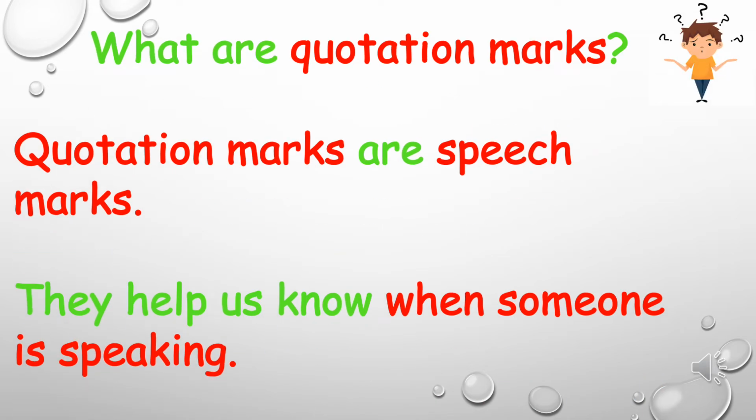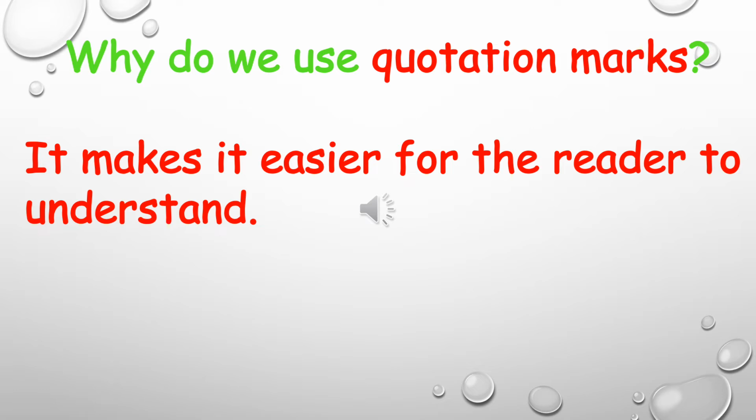What are quotation marks? Quotation marks are speech marks. They help us know when someone is speaking. Why do we use quotation marks? Quotation marks make it easier for the reader to understand the text. You will understand this better as we proceed.